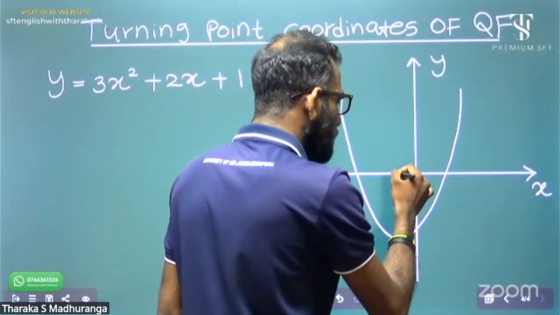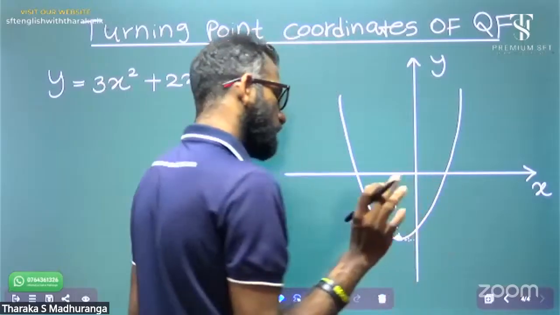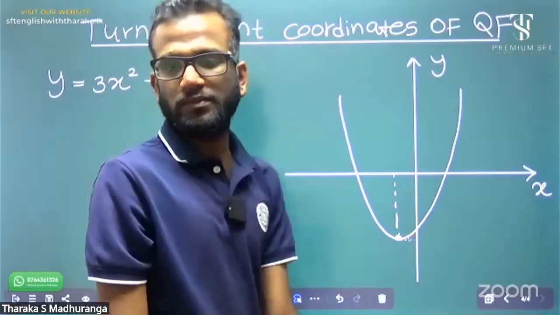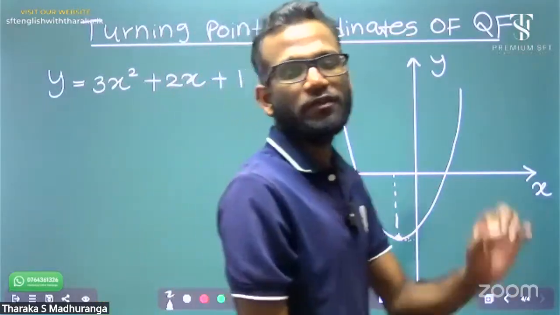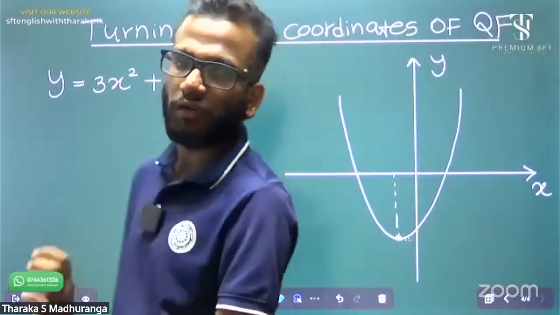I want to calculate the turning point x coordinate and turning point y coordinate. They are the coordinates of the turning point of any quadratic function.